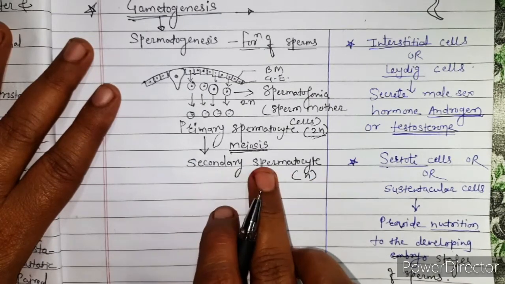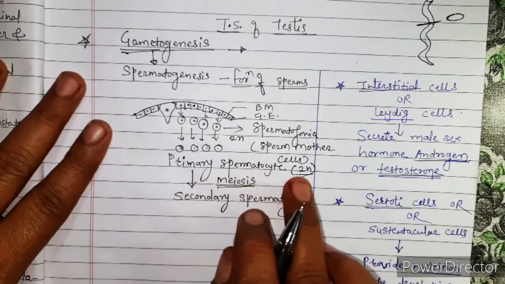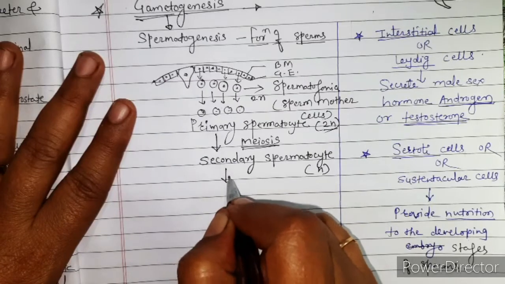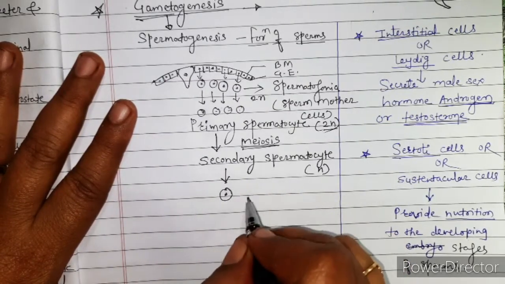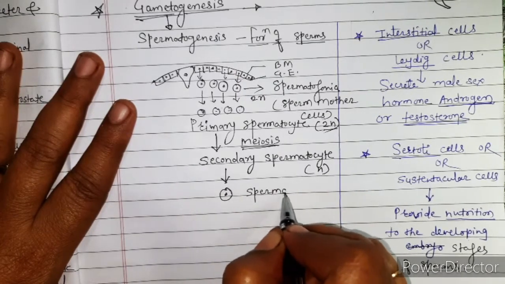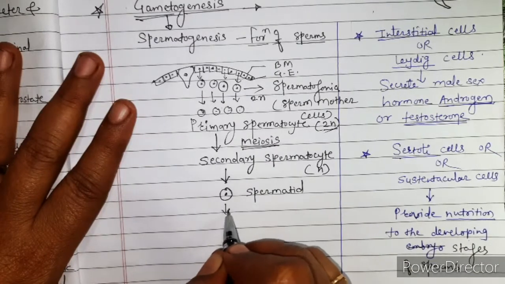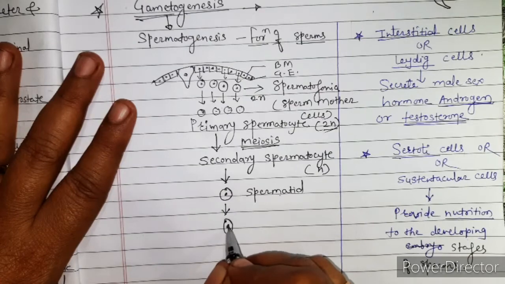So secondary spermatocytes are haploid, primary spermatocytes are diploid. Now these secondary spermatocytes produce spermatid, and this spermatid develops into motile sperms.